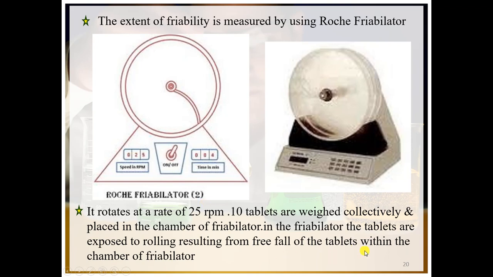In the friabilator, the tablets are exposed to rolling resulting from free fall within the chamber. This friabilator can rotate at the rate of 25 revolutions per minute. This is the Roche friabilator.